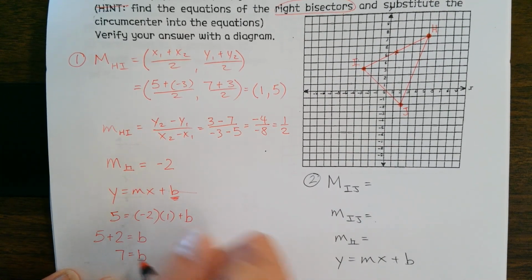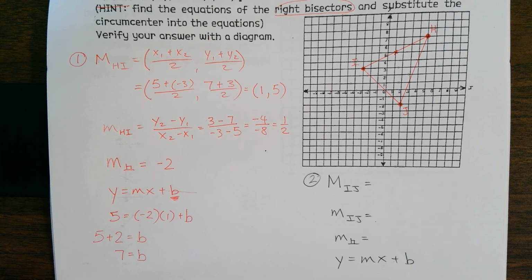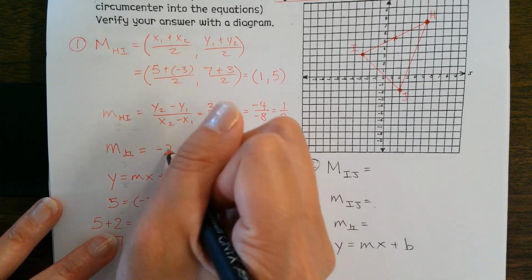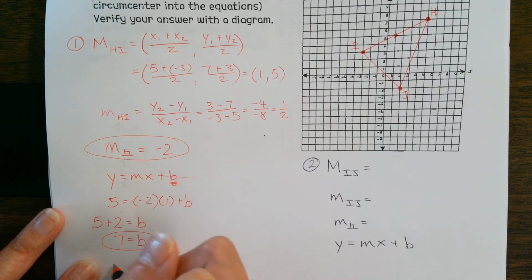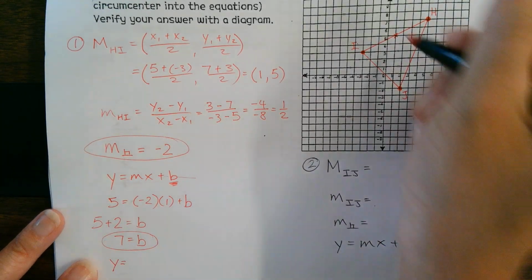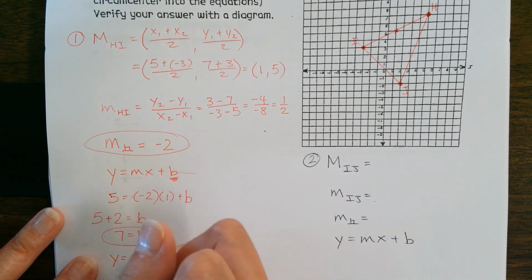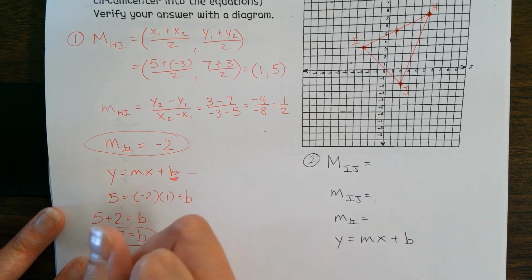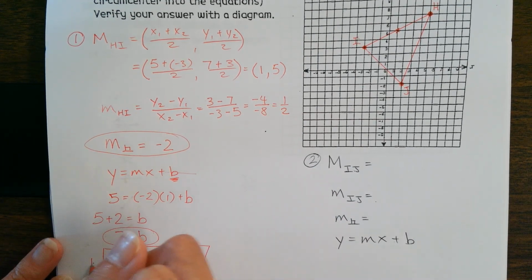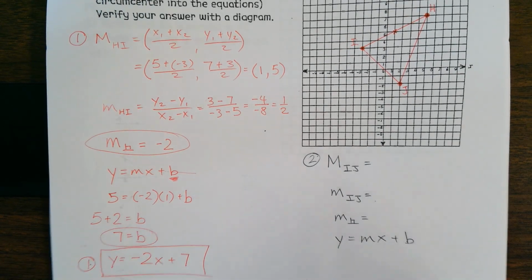So b is 7. I have my slope, I have my y-intercept. Therefore, the equation of this first right bisector is y equals negative 2x plus 7. So this is my first equation.